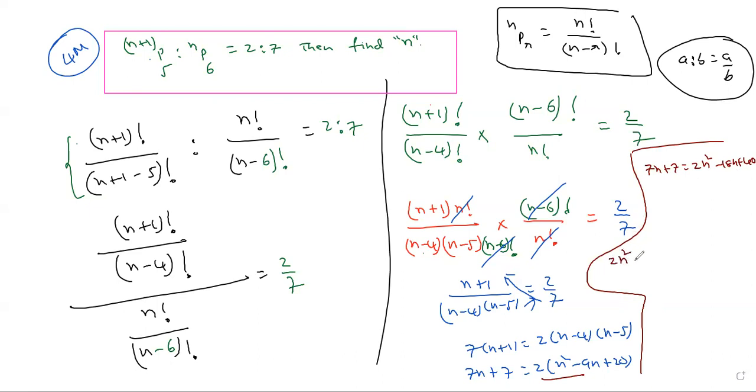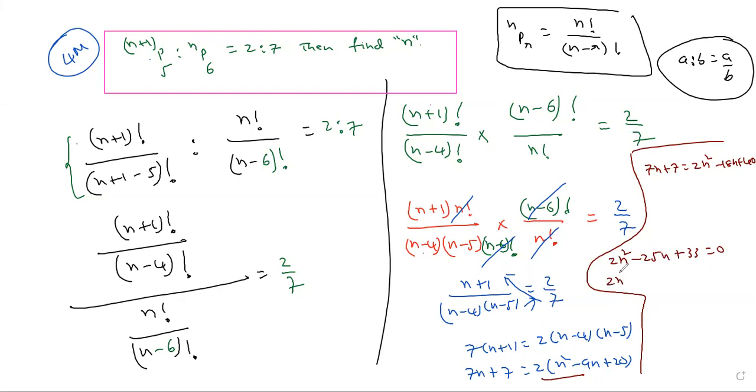Then factorization. 2n square minus 25n plus 33 equals 0. 66 and 25 combination. 22 and 3.